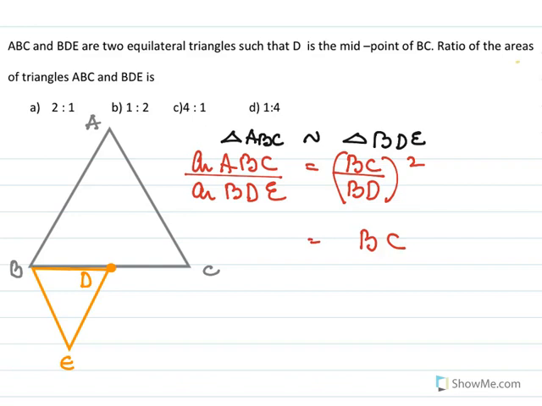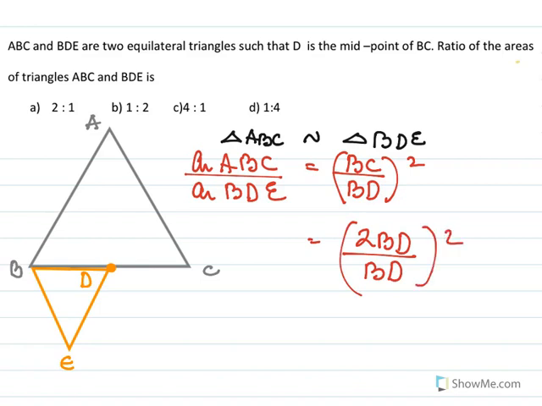So we have BC, and we know BD is half of BC because D is the midpoint. So for BC I am going to write twice BD over BD the whole square.